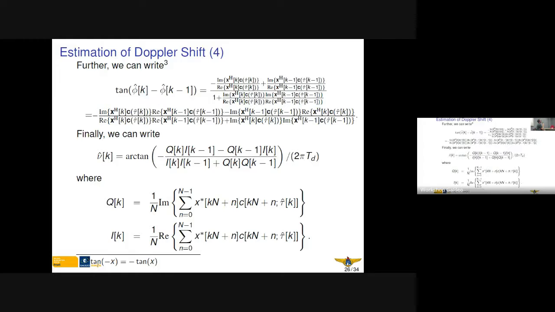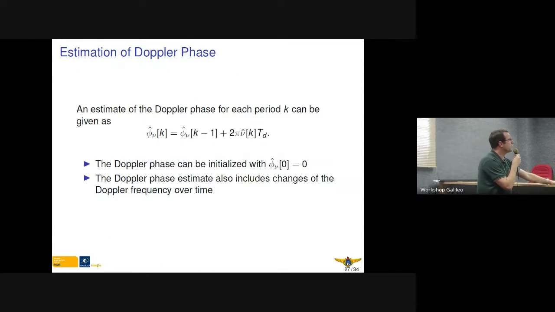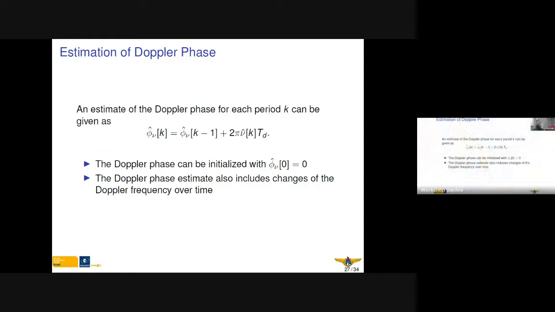And this qk is the imaginary part of the prompt correlation, and ik is the real part of the prompt correlation. And with this, we can refine Doppler estimates. And this is what we can do now in the DLL, in the Doppler feedback system.